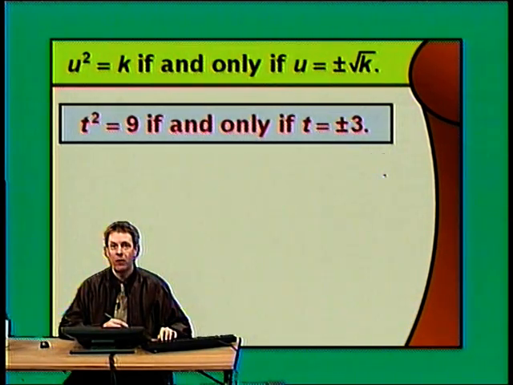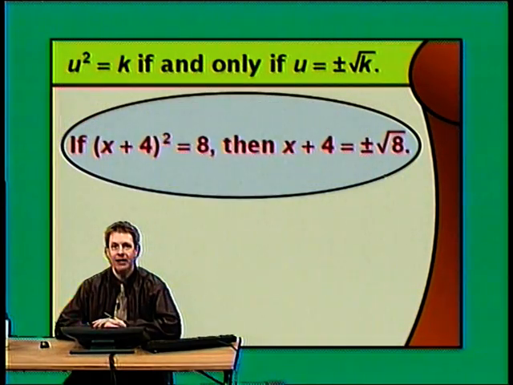Now usually we only use this property in one direction. For example, if we have the equation (x plus 4) squared equals 8, we can move toward our solutions if we use the square root property and say that x plus 4 has to equal plus or minus the square root of 8. Let's see several examples of this.